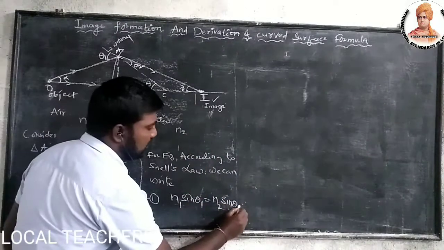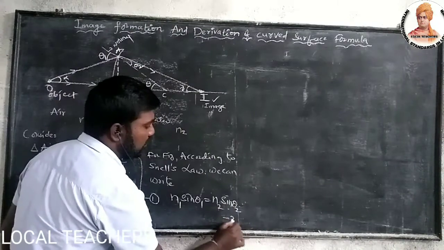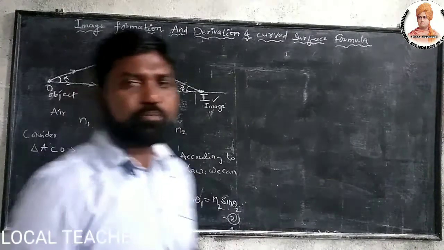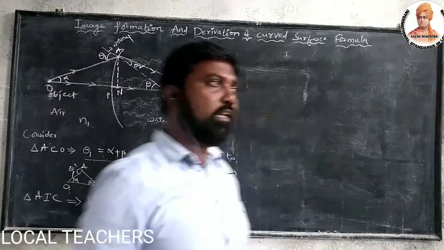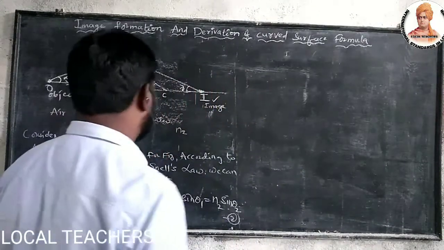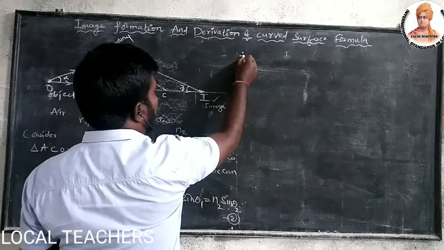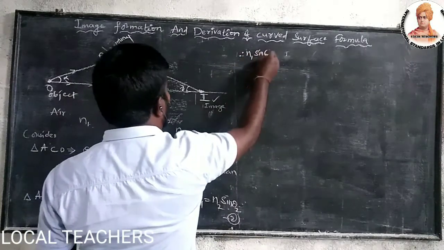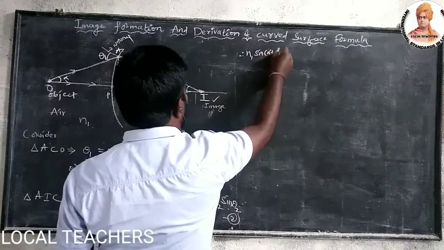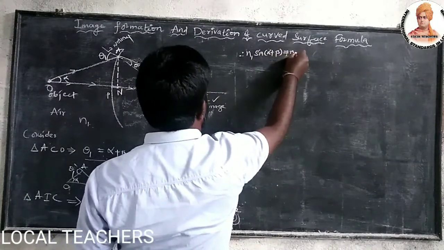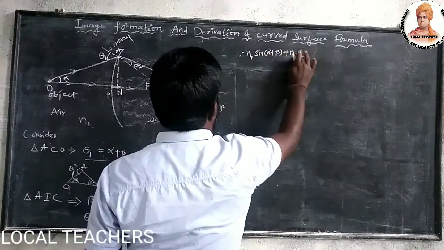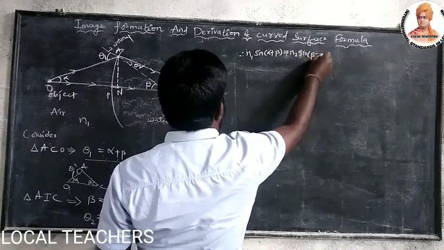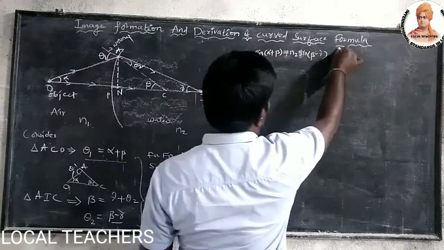Consider this as equation number 2. Now substitute equation 1 in equation 2. Therefore we can write n1 sin (alpha plus beta) equals n2 sin (beta minus gamma).